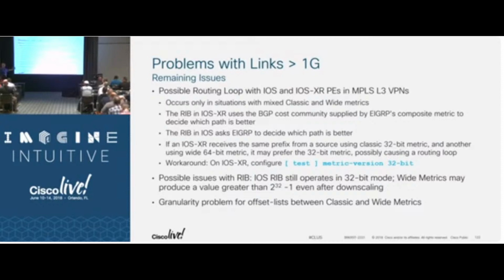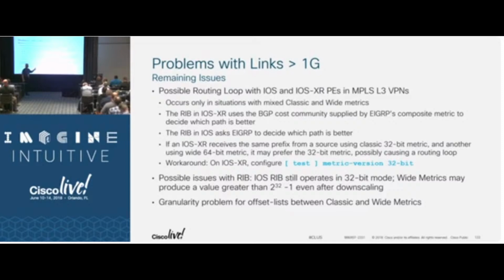We do have certain issues with this that go back to the interoperability with the routers that implement the old, let's say, narrow metrics only. Well, first of all, we had certain issues with interoperation with IOS XR. This only involves problems in L3 VPNs. I'm not going to really dwell into the details.